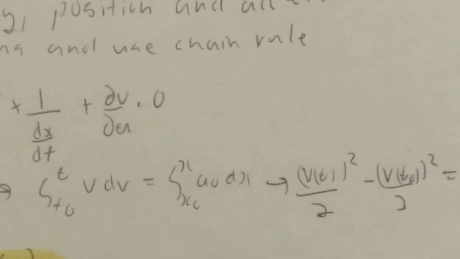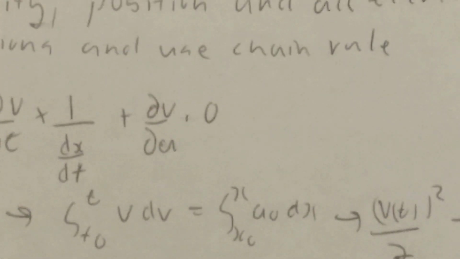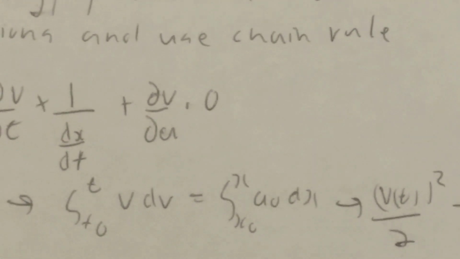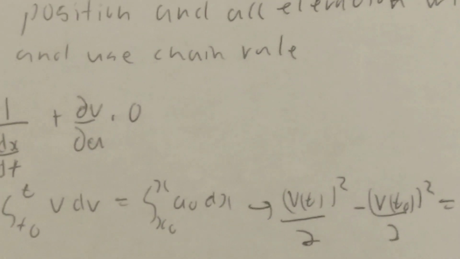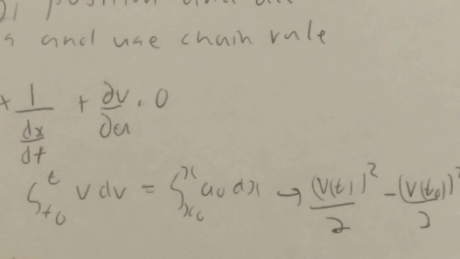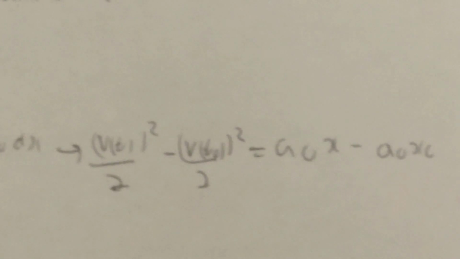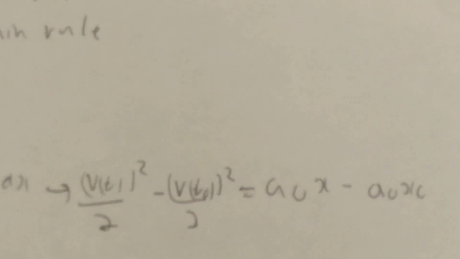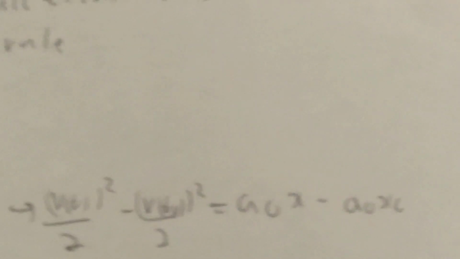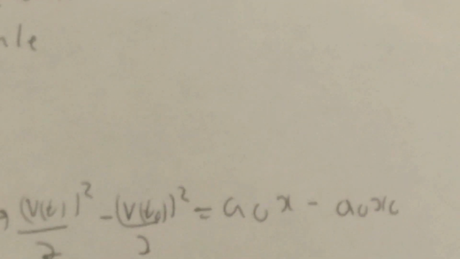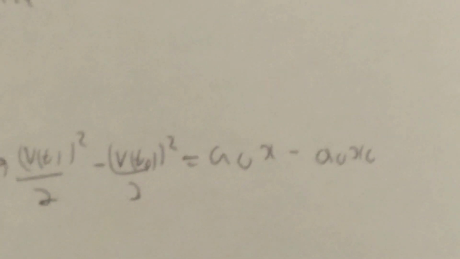So we can take the physicist approach and integrate right away and say the integral of v dv between v naught and v is equal to the integral of a naught dx between x naught and x. So that implies v of t squared divided by 2 minus v of t naught squared divided by 2 equals a naught x minus a naught x naught.